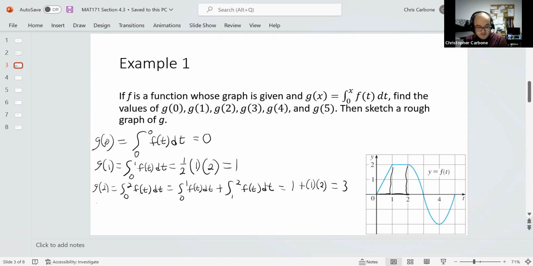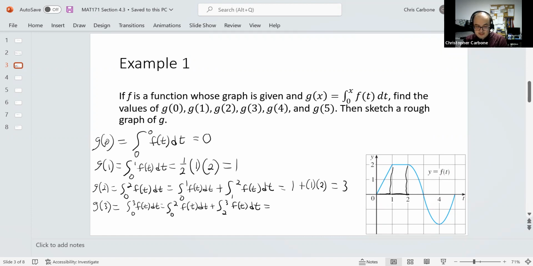For g of 3, this would give us the integral from 0 to 3 of f of t dt. This is the integral from 0 to 2 of f of t dt, plus the integral from 2 to 3 of f of t dt.